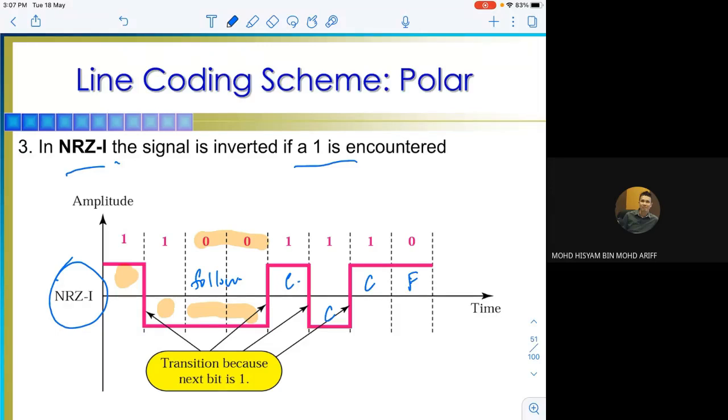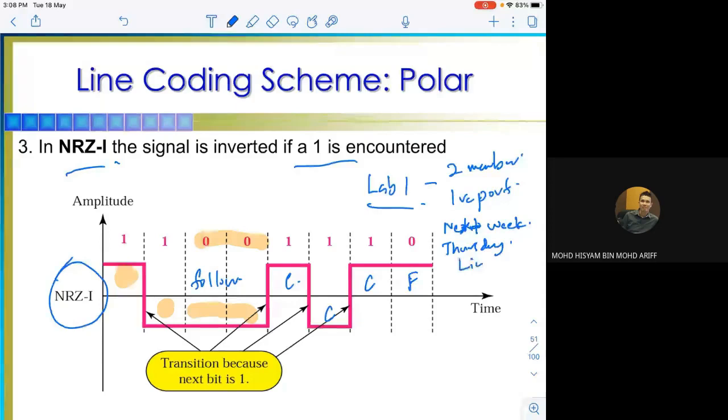Your lab one, I forgot to tell you. Two members, one report. When to submit? Next week Thursday.